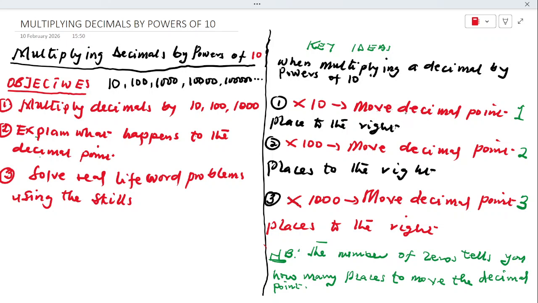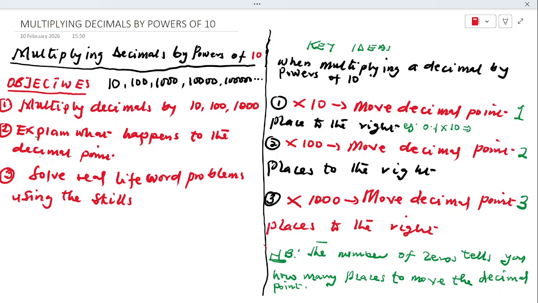So assuming that you have a decimal like, let's say, 0.1. So we have our example to be 0.1 times 10.